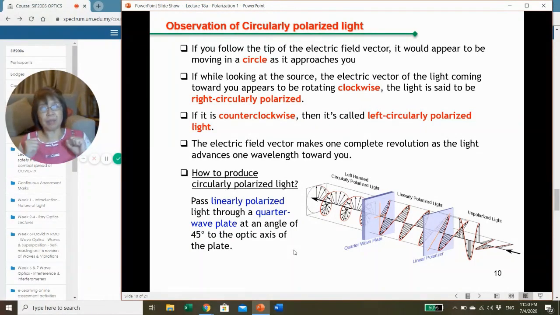How do we create circularly polarized light? So what we do is we bring an unpolarized beam, let it pass through a linear polarizer, and the linear polarizer will have its transmission axis inclined at 45-degree angle, so that you can resolve one component vertical, one component horizontal when it reaches the quarter wave plate here, and they would be of equal amplitude.